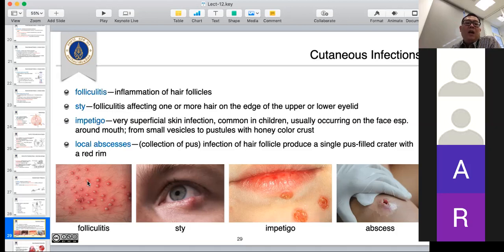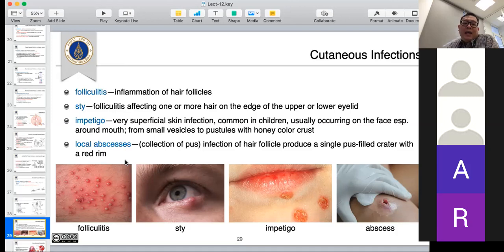Pus ก็คือหนองนะ, pus, the white part is pus. The white part of pus actually means the white blood cells that came to destroy bacteria. Okay, stye means infection of the hair follicle also, but happening in your eye, upper and lower lid of your eye. That is ตากุ้งยิง.